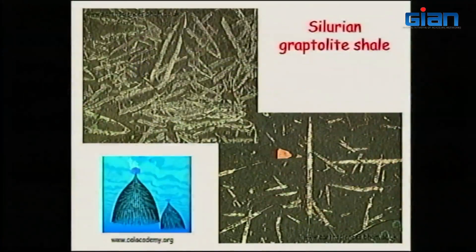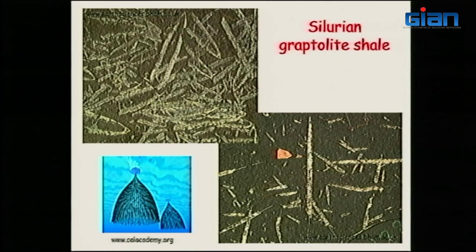We have, for example, here, a Silurian graptolite shale. This Silurian graptolite shale, as the name says, is made of black shale, which is quite full of these quite strange animals. Graptolites, we don't really know what phylum they are from.